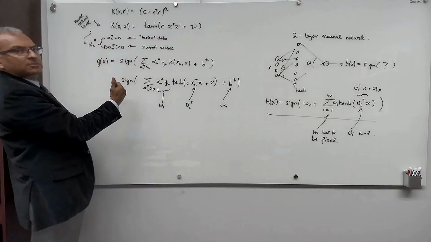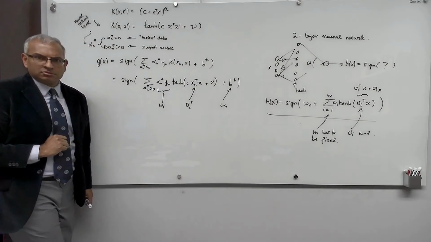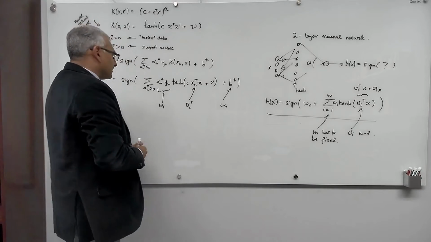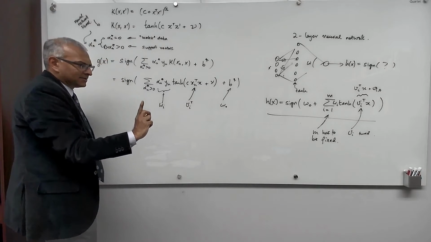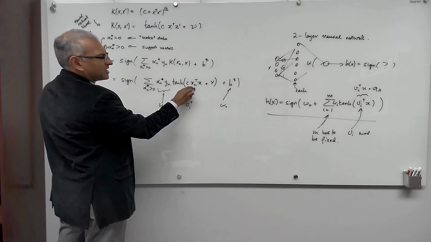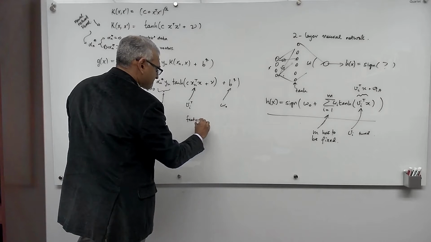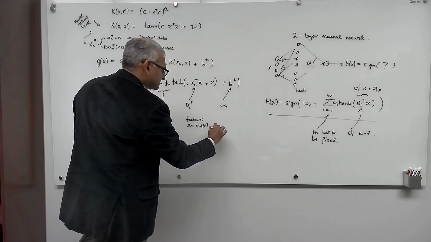And in the support vector machine with the neural network kernel, this simulates the two-layer neural network. Look at what has happened. We have exactly the same functional form, but you don't get to tune the features. The features are support vectors.